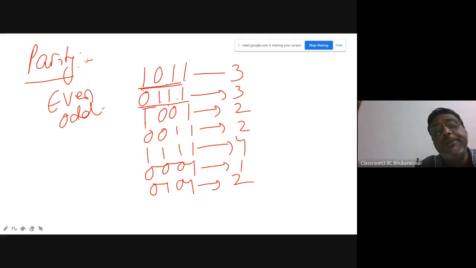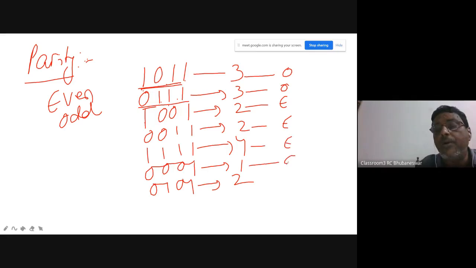Even if even number of 1s, odd if odd number of 1s. This is odd parity, even parity, even parity, even parity, odd parity, even parity. If an even number of 1s is available, then we call this even parity. And if an odd number of 1s is available, then we call this odd parity.